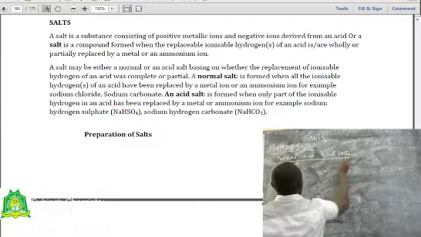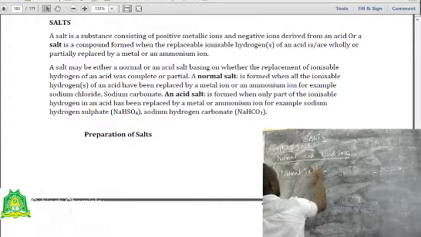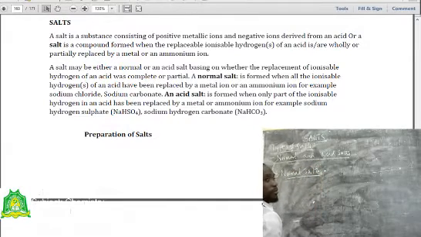Let's begin with normal salts. How do we define a normal salt?